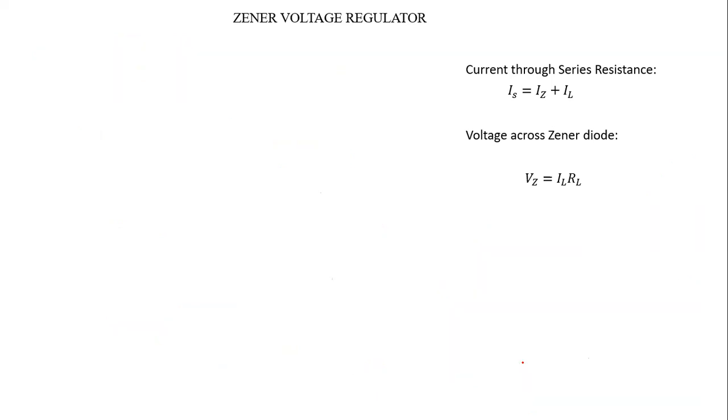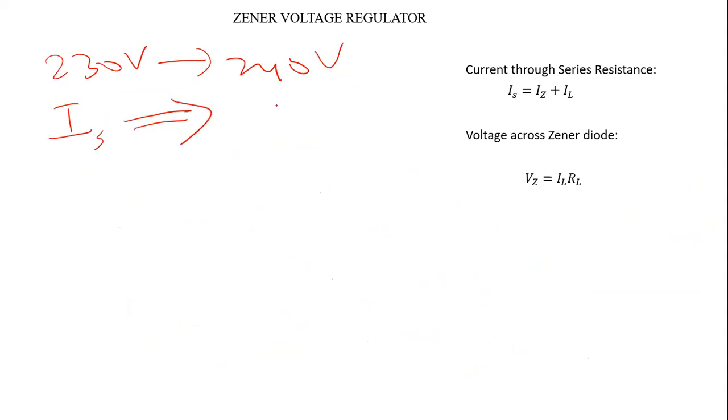Now, let's say the voltage is increased from 230 volt to 240 volt. Because of this increase, let's say your Is value increases from 2 milliampere to 3 milliampere.